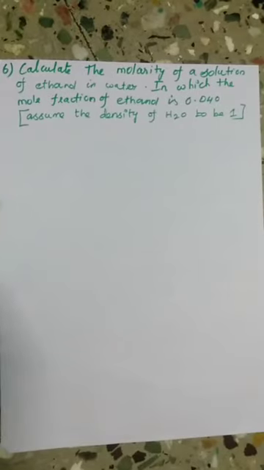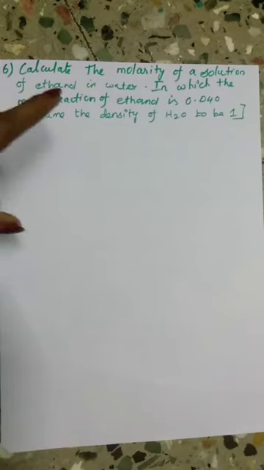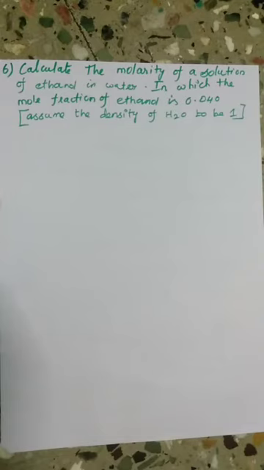So here our sixth question: calculate the molarity of the solution of ethanol in water, in which the mole fraction of ethanol is 0.040. They have given that the density of water is to be assumed as 1. First we have to find the moles of ethanol and water.